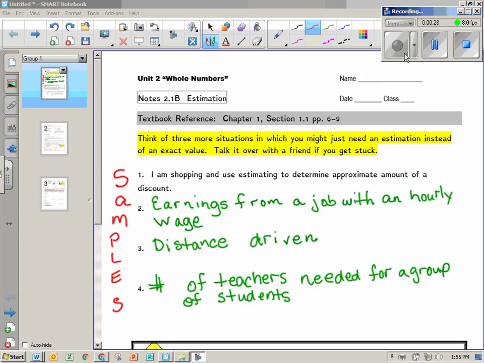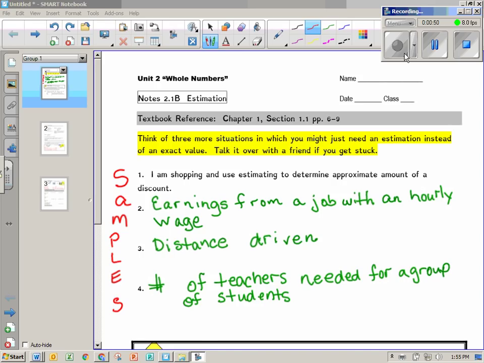Maybe I want to estimate how many miles I've driven where I really don't need an exact amount. Or maybe I need to estimate a number of teachers that are going to be required to accommodate a particular group of students. Those are all things where rounding and getting an approximation would be okay.